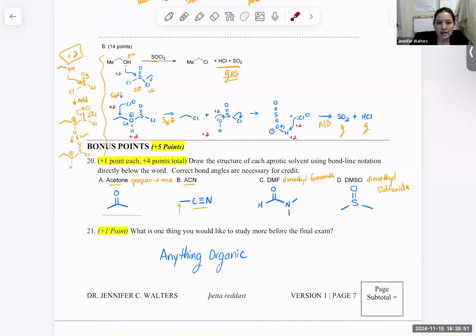Don't just sit wondering. Ask. I want to make sure you fully understand this content, because it really is fundamental to being able to move on through the rest of organic chemistry. It's 2 of the 3 main reactions that happen in organic chemistry. So when you get to Orgo 2, we're going to assume you are a master of all of this.